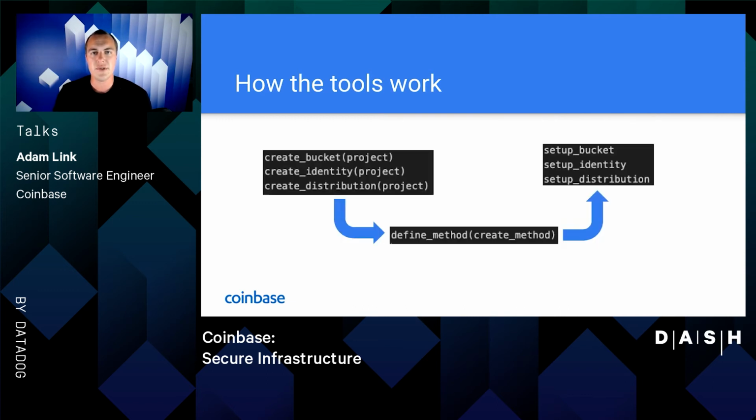We also make use of metaprogramming inside of GeoEngineer. This allows us to define what we want to create and then use metaprogramming to actually execute the function. So in this case, you can see that we're creating 3 different resources: a bucket, an identity, and a distribution. And this create underscore method is actually a magic method that we can define what that function is going to do through metaprogramming, and then automatically return back objects to our GeoEngineer node, and then set up and add the security through these setup underscore functions.